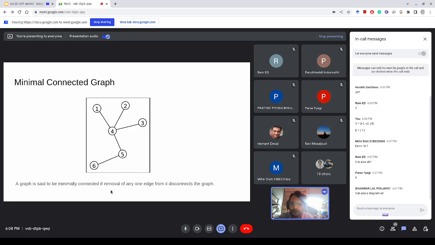So first think about what a connected graph would be in this definition. A connected graph would be one such that if you pick any two vertices, so here we are given 6 vertices, and if you choose any two vertices like 6 and 2, let's say, then there is a path connecting these two vertices, 6 and 2. The path would be 2 to 4, 4 to 5, and then 5 to 6.